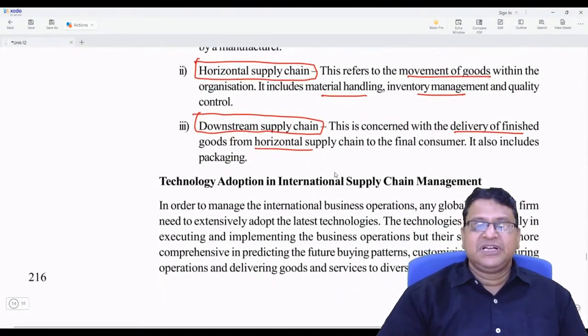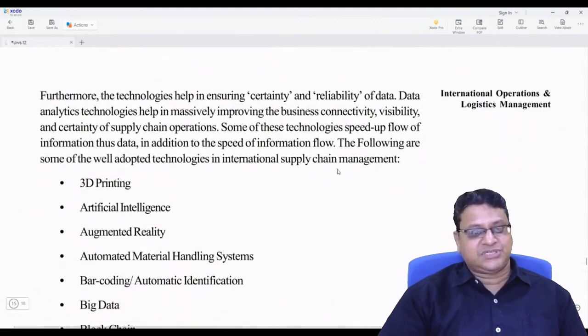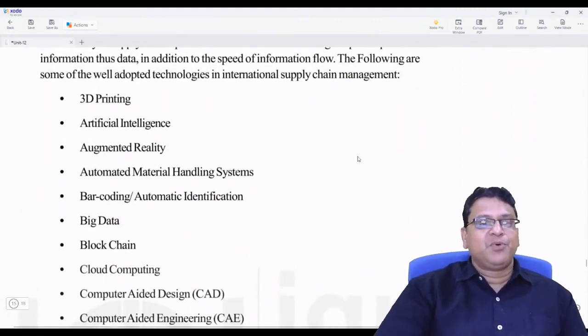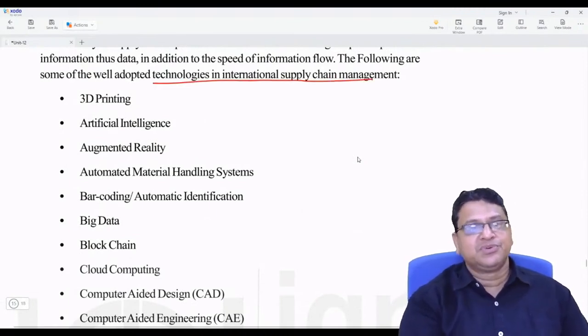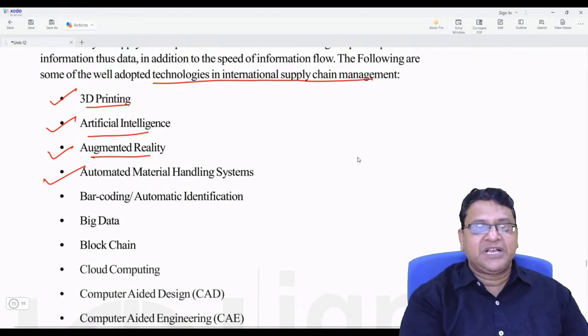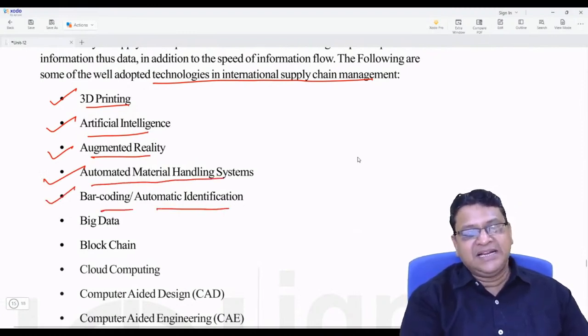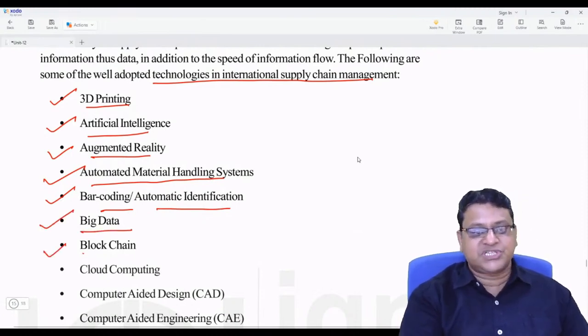In international supply chain management, we use different technologies. These are some of the important technologies used. We use 3D printing, artificial intelligence, augmented reality, automated material handling systems, barcoding, automatic identification, big data analytics, and blockchain technology.